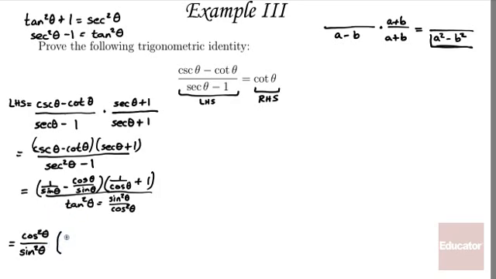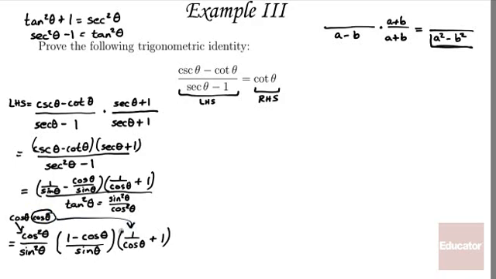And then the old numerator is, if I combine the first two terms of the first one, 1 minus cosine theta over sine theta. And in the second one, we have 1 over cosine theta plus 1. Now, I'm going to look at this cosine squared, write it as cosine theta times cosine theta, and then pull one of those cosines over and multiply it by this term and try to simplify things a little bit that way.